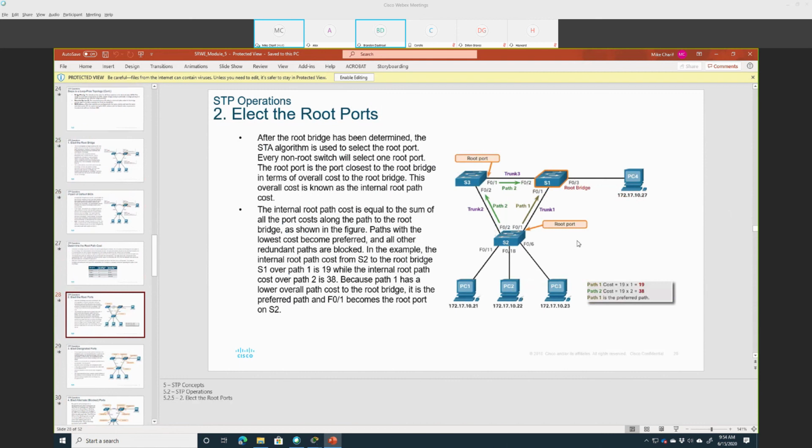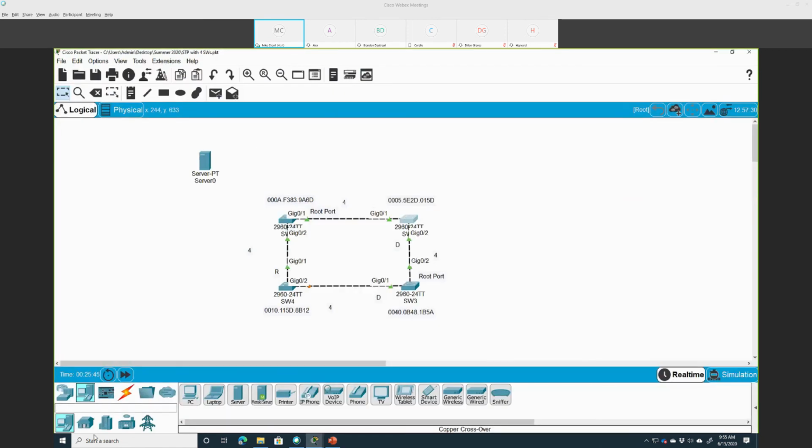If this is gigabit and this is gigabit and still this is Fast Ethernet, I'm not going to have the same outcome as you see over here. Actually, let me show you what I'm talking about. That's simulated right here.